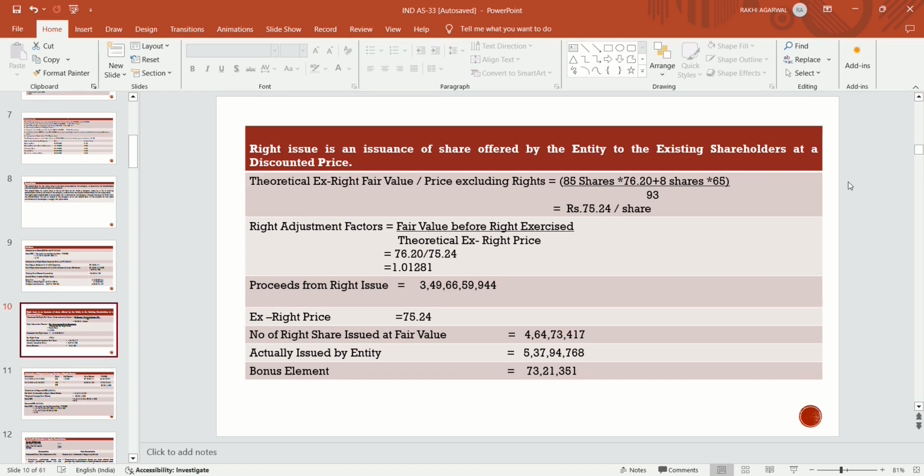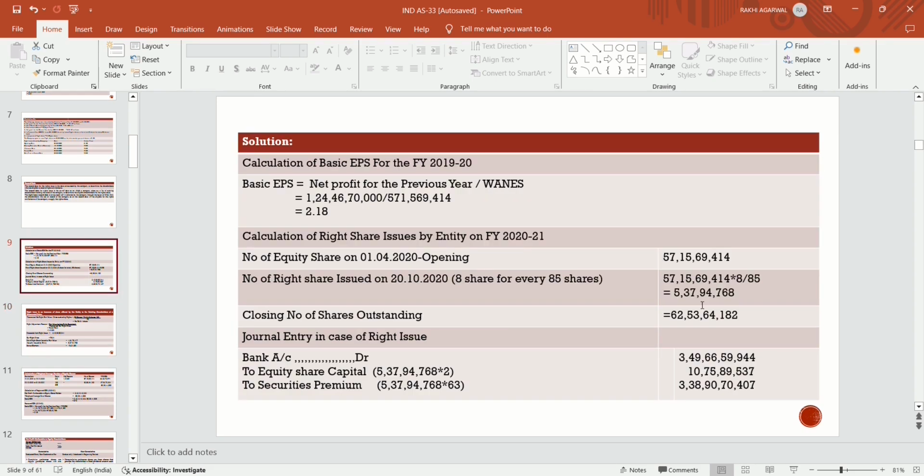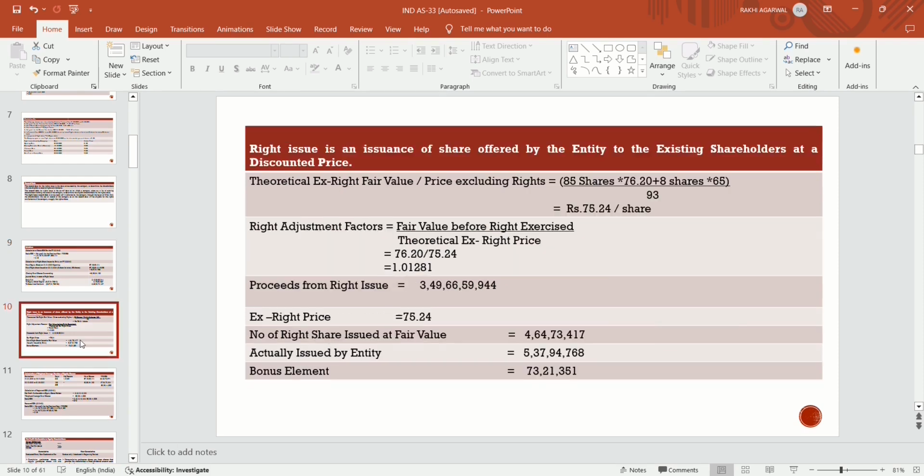These are the number of right shares issued at fair value, 4 crores 64 lakhs 73,417, but what is actually issued by the entity, as we calculated, is 5 crores 37 lakh 94,768. As per the fair value, the number of right shares issued is 4 crores 64 lakh 73,417.